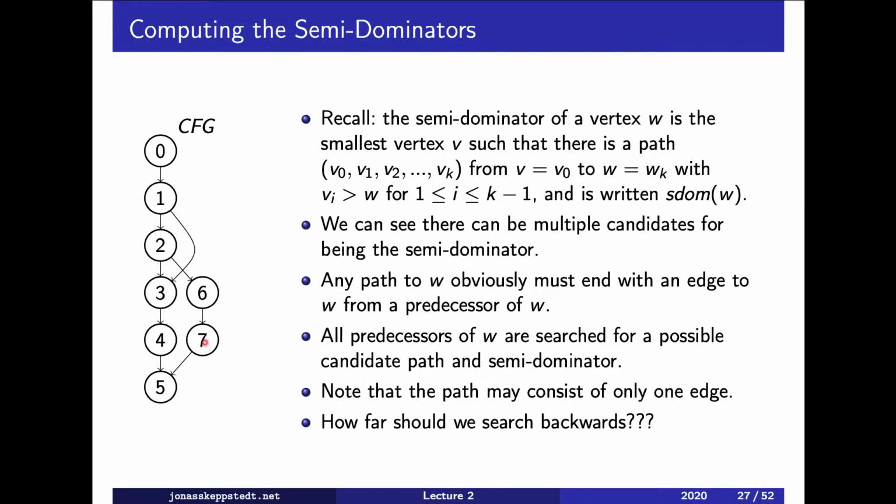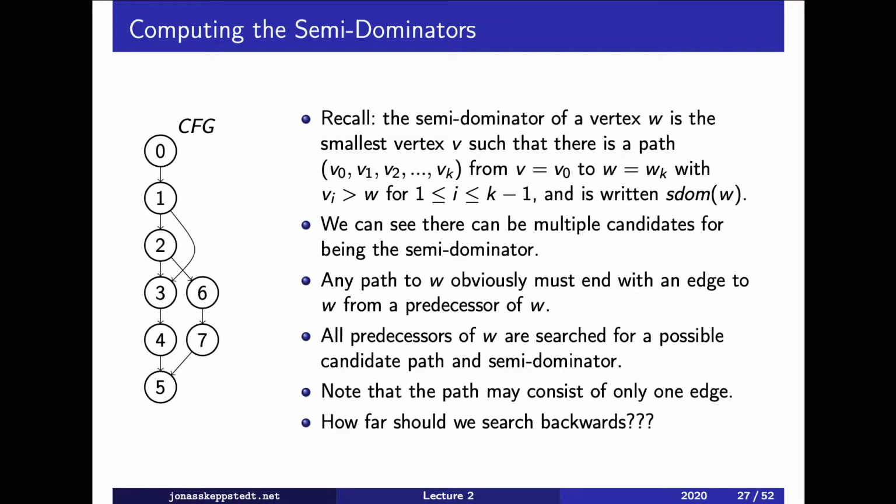That means we can follow this way back and look for the ancestor starting from a predecessor with the smallest semi-dominator. Initially, the semi-dominator is set to the node itself. The effect of this is that when we search from 7, we will conclude that 2 is a candidate for being the semi-dominator of 5.